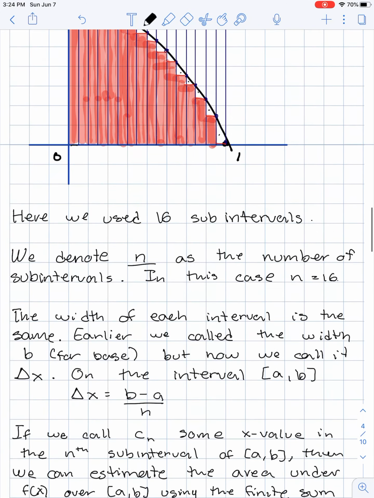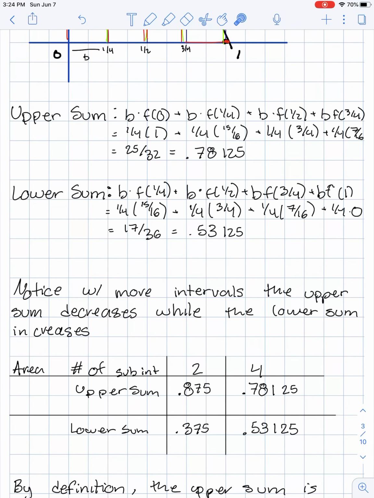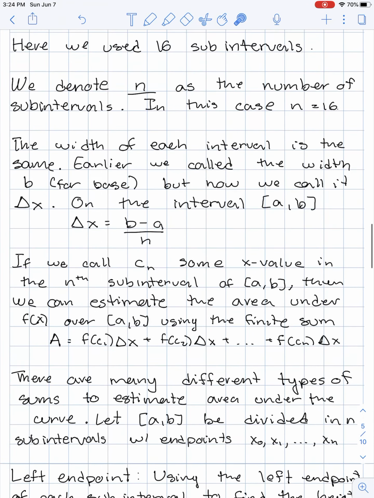So we kind of saw that up here. Remember, I kept multiplying by 1/4 and 1/4 and 1/4 and 1/4. That's my delta x. Right? So 1/4, 1/4, 1/4, and so on.